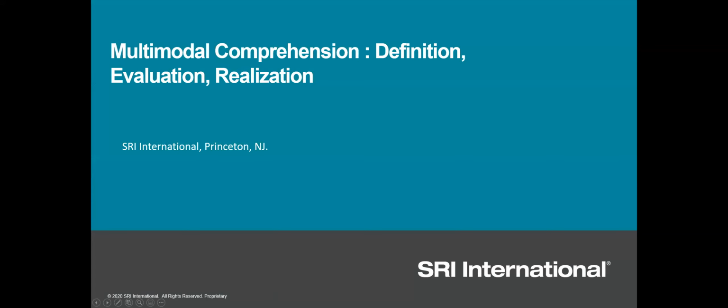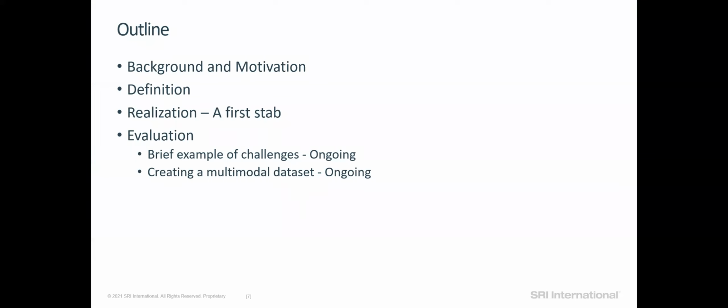So moving right along, let's get to multimodal comprehension. I will first set up the problem and think about how one defines multimodal comprehension. Then I will first talk about what one could think of as a side issue, how there can be bias in data sets, followed by a description of our approach to multimodal comprehension with large language models.